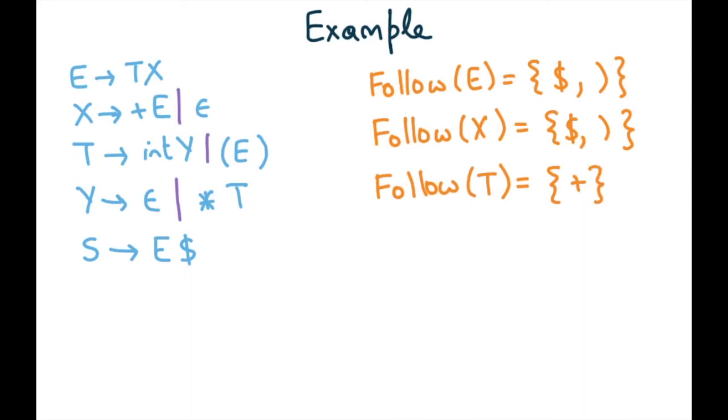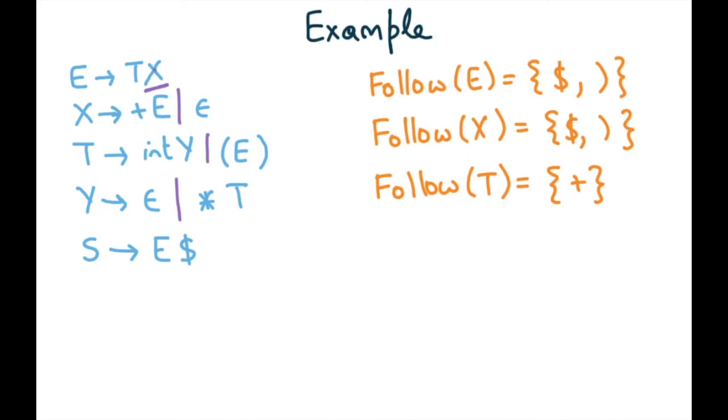And then there's another application of the second rule that I can do. E produces TX, and notice that X can derive epsilon. In other words, epsilon belongs to first of X. I'm not showing the first sets here, but if we go back to our slides, we will see that epsilon belongs to first of X for this grammar.